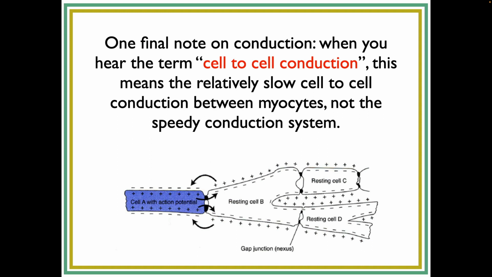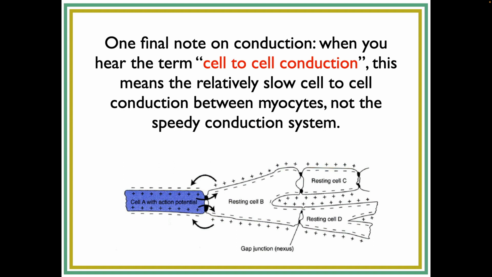One final note. You're going to hear this term, which I believe is quite misleading, but it's used all the time, and we will use it: cell-to-cell conduction. If you hear that the electricity traveled through the ventricles with cell-to-cell conduction, that specifically means it's traveling through the ventricles off of the conduction system.